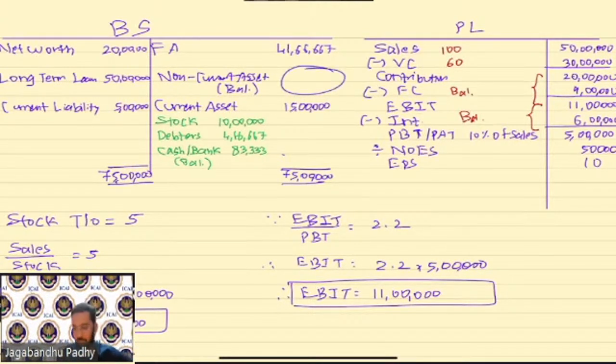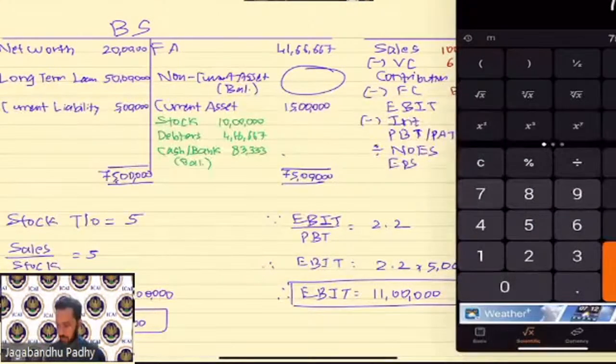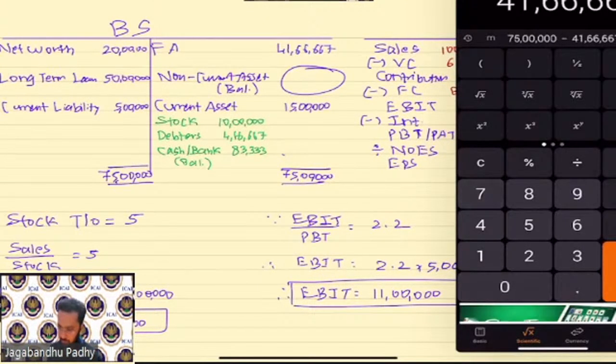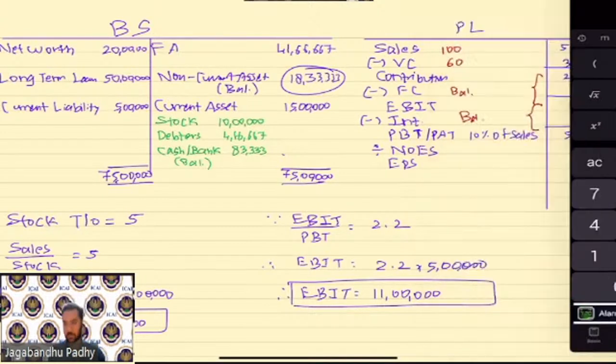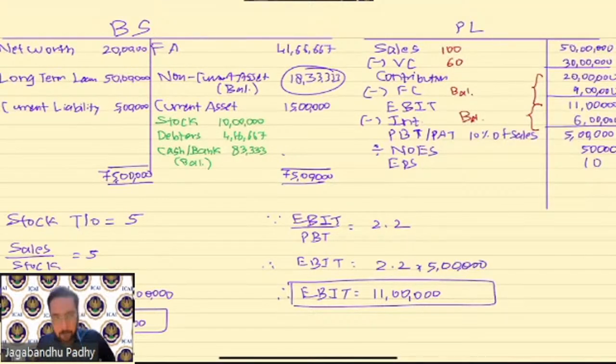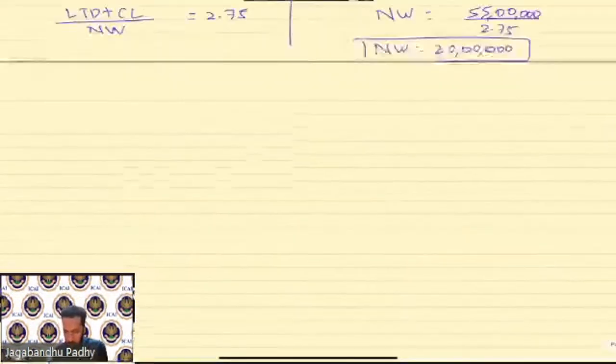So this figure will be a balancing figure. It is 75 lakh minus 41 lakh 66,667 minus 15 lakh, which is 18 lakh 33,333, the balancing figure. Okay, so this is the final solution for the question.